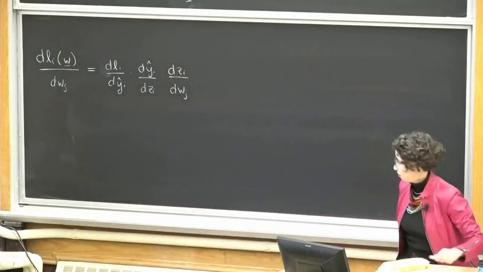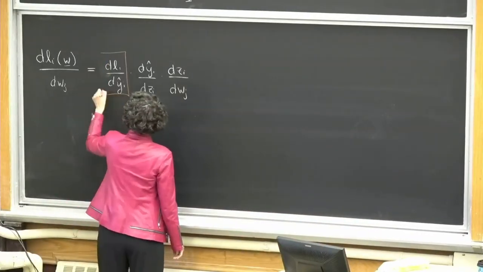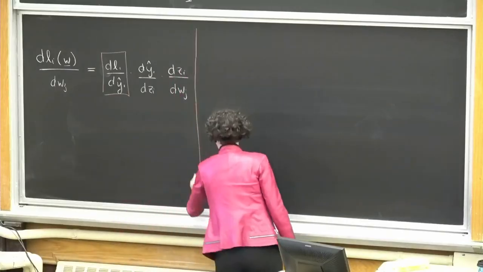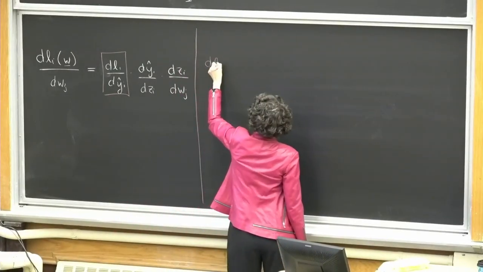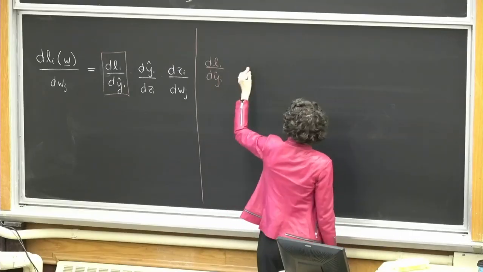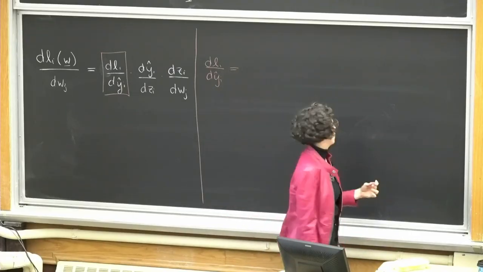So first, we are going to have the derivative of Li with respect to yi hat. Remember that our loss here is squared error.